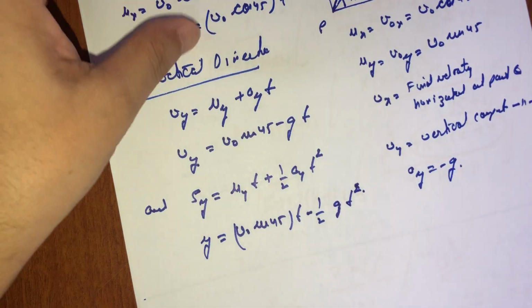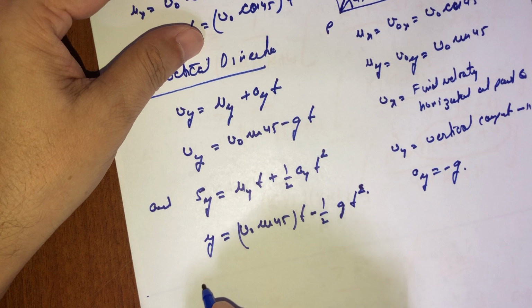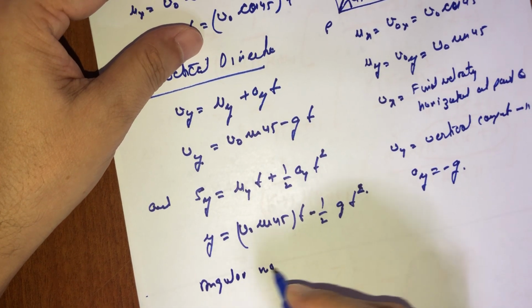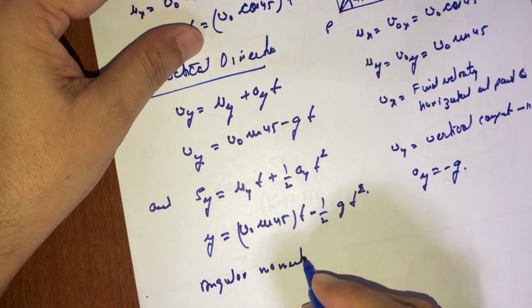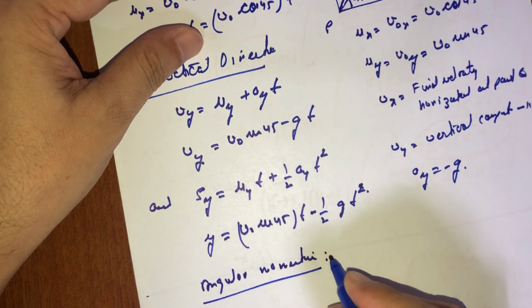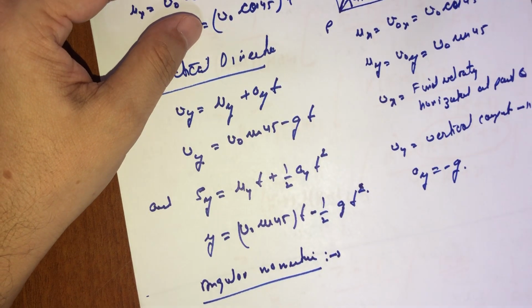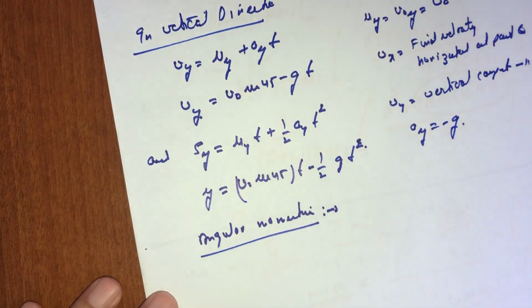Now we are going to find out the angular momentum. So angular momentum can be found out using the cross product also. There is another way.